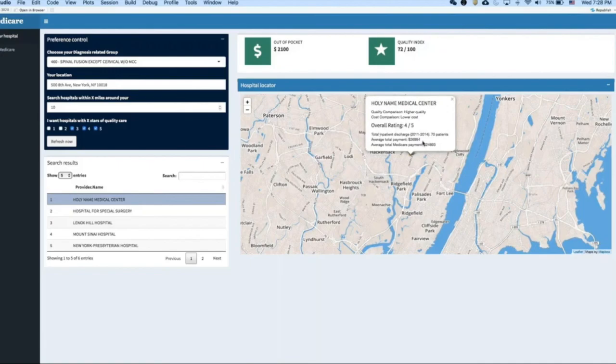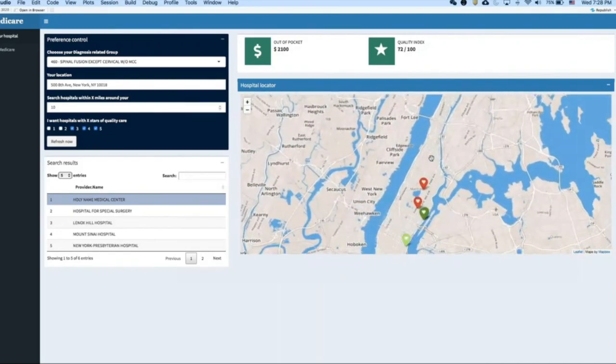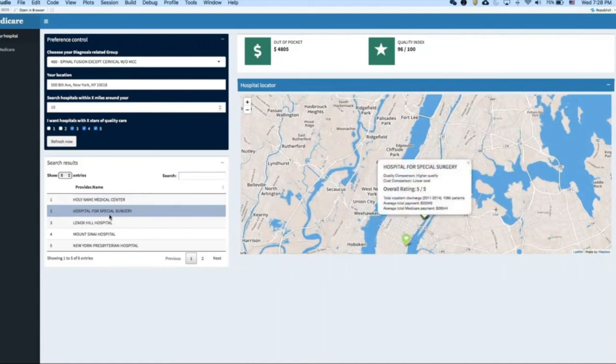It will give you more detailed information about the number of inpatients discharged from 2011 to 2014, the average total payment, and the average total Medicare payment. You can also see, for example, the Hospital for Special Surgery. It has the best quality of care, 96 out of 100, and the out-of-pocket cost is $4,800. So this is it.